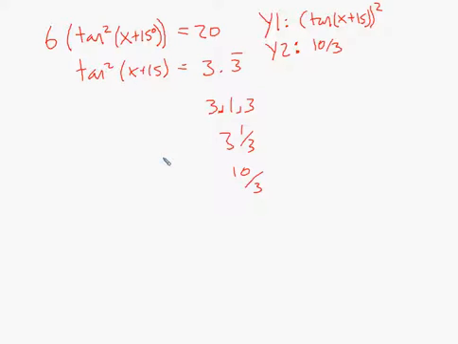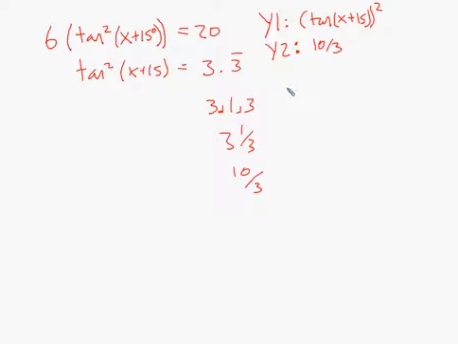Okay, so we put those 2 in, and do watch that you get your parentheses right there, because we can't put a squared right here like we do. X plus 15 squared, and then we have our 10/3. Okay, and how many answers do we get? 4.